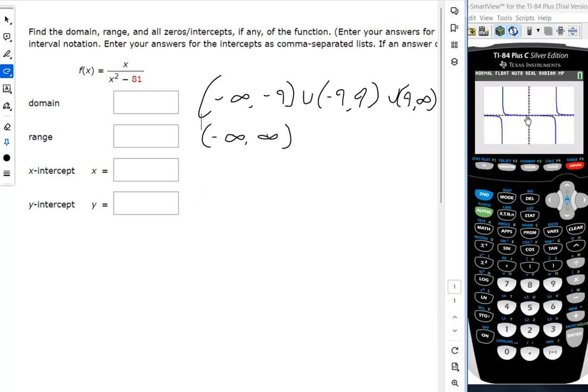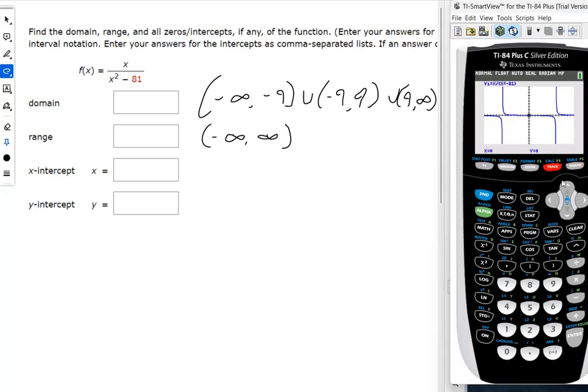X-intercepts, this is where it crosses the x-axis. Looks like it doesn't cross here because of the horizontal asymptote, except it does cross here. So in case you're not sure where it is, I think the trace function is what you'd want. And that will get you somewhat close. I think there is a function on the TI to help you find intercepts too.